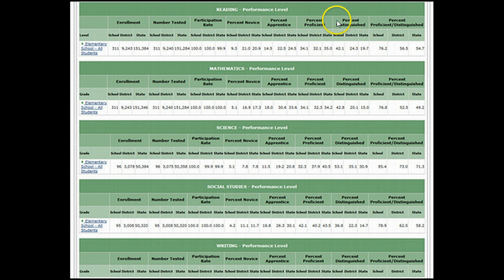And then you see a combination of the proficient and distinguished students ranked for the school, the district, and the state.